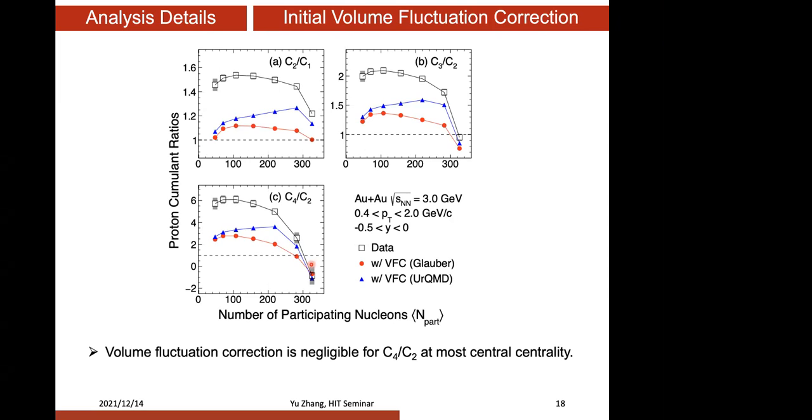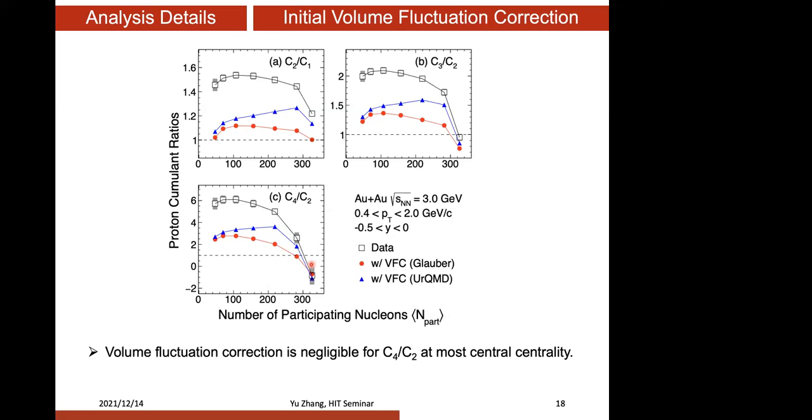Do you have a comment or question? My question is actually to Volodya. So you say that if it's a conservation, C2 over C1 should be less than unity. That's from a thermal model calculation, is that right? Yeah. If the only effect we include is baryon number conservation, it doesn't have to be a thermal model. You can just throw particles and then apply some binomial acceptance.